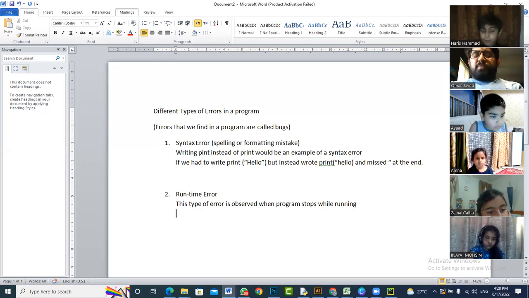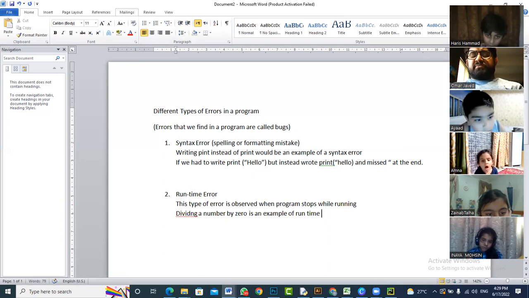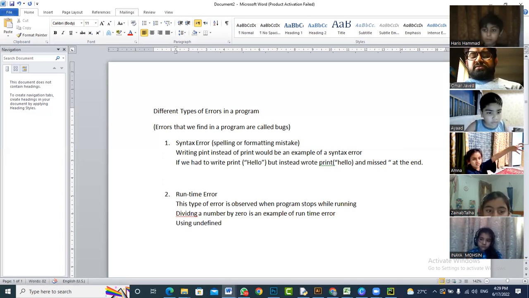Mostly, dividing a number by 0 is an example of a runtime error. Another example is using undefined variables.